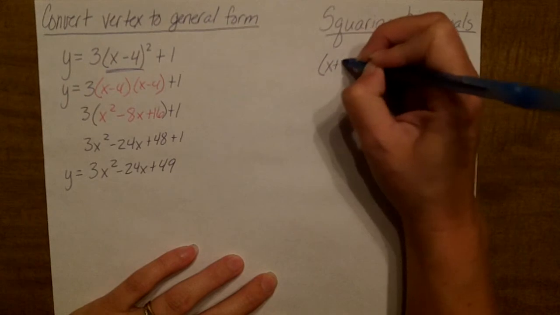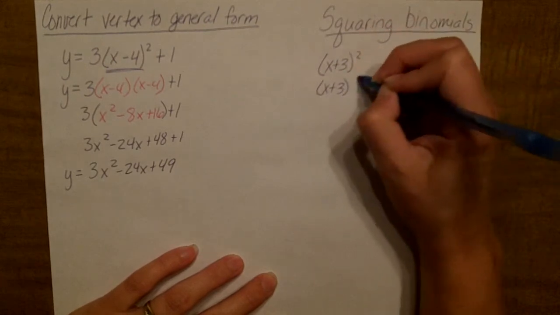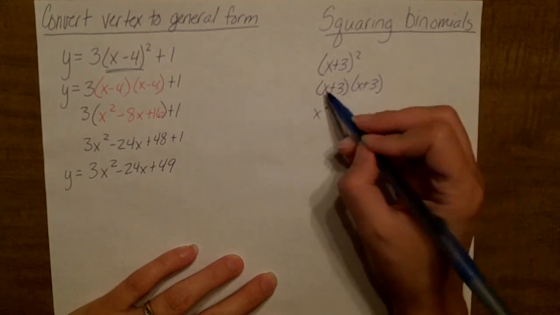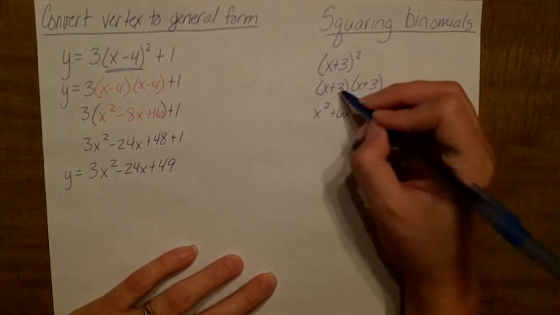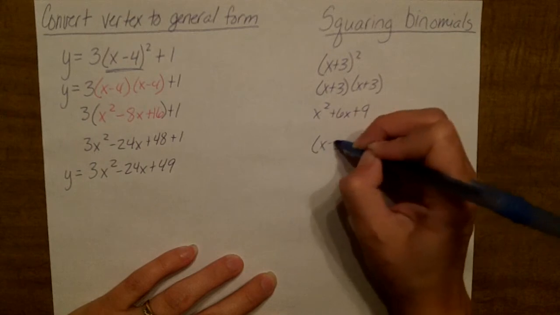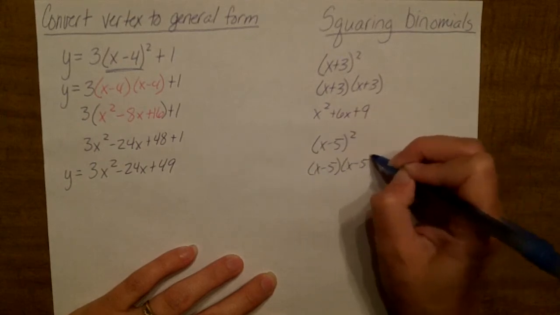If I have (x + 3)^2, that's really (x + 3)(x + 3). I get x squared plus 3x plus 3x is 6x. 3 times 3 is 9. If I do (x - 5)^2, well, that's (x - 5)(x - 5).